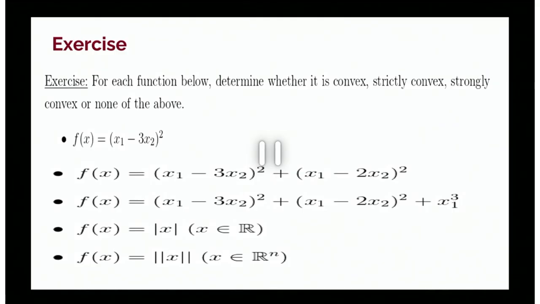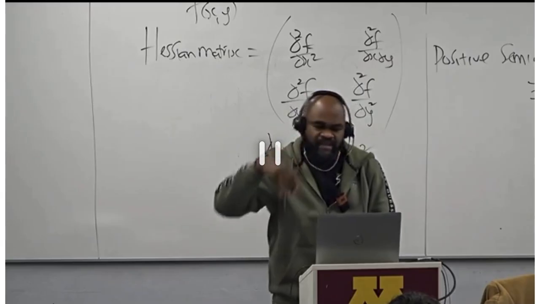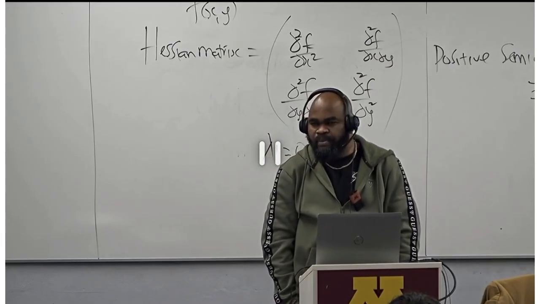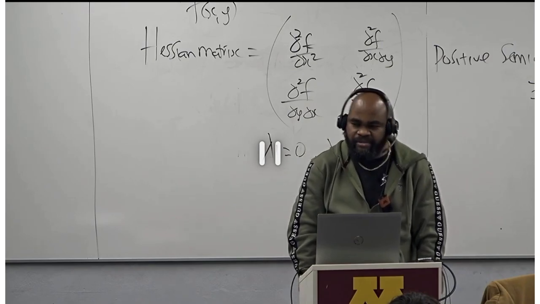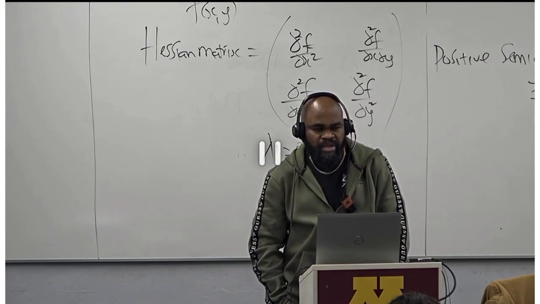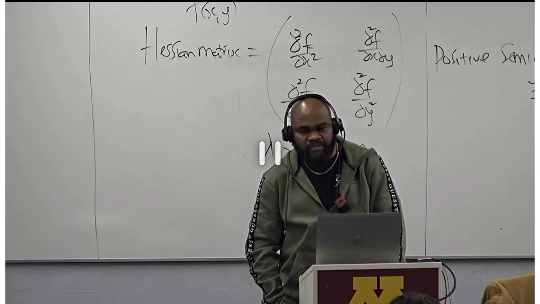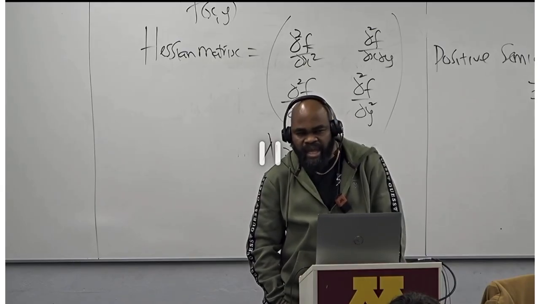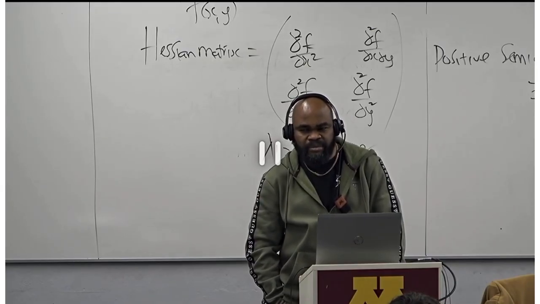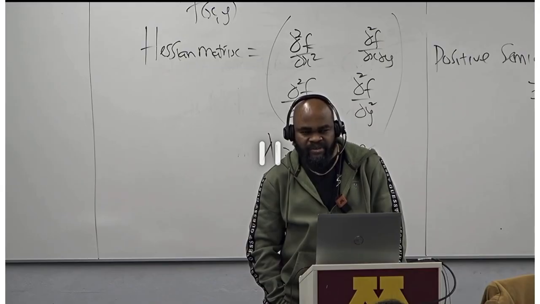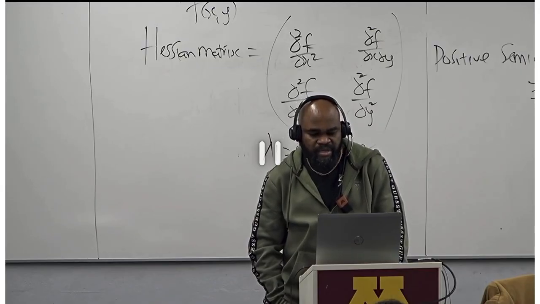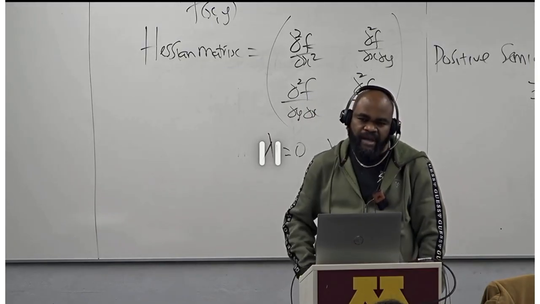But it's strictly convex if the eigenvalues are all positive, all greater than 0. If you have a mix of negative and positive values, that is indefinite, and indefinite does not qualify as convex or concave. So you can investigate all of that.